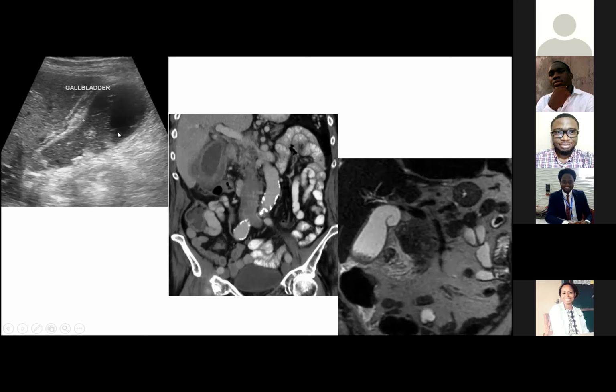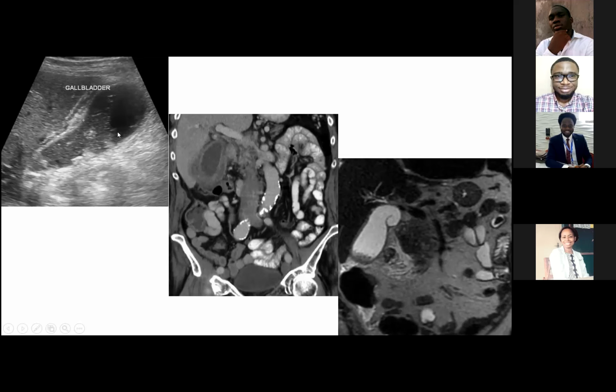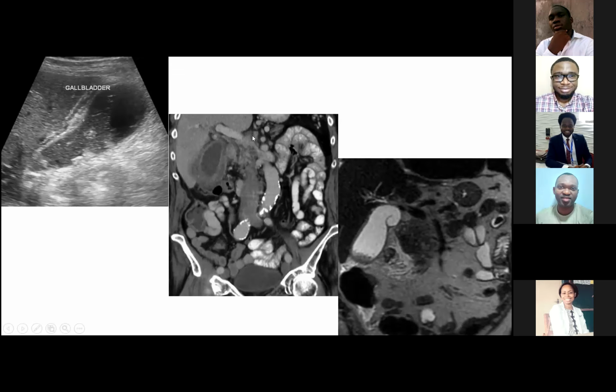As I said, the plain film would not be, because just because you've got gallstones doesn't mean you've got cholecystitis. In the middle here is the CT scan, which shows another patient with cholecystitis. There's a gallbladder here in the right upper quadrant. You can't see the gallstones very clearly on this view, but there's a markedly thickened gallbladder wall, and this was also cholecystitis.